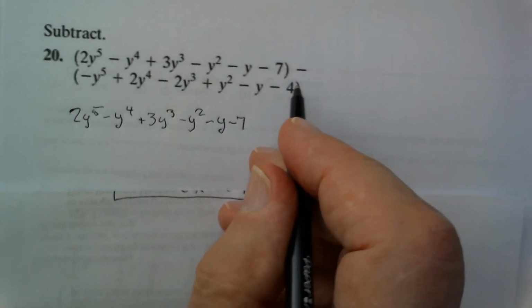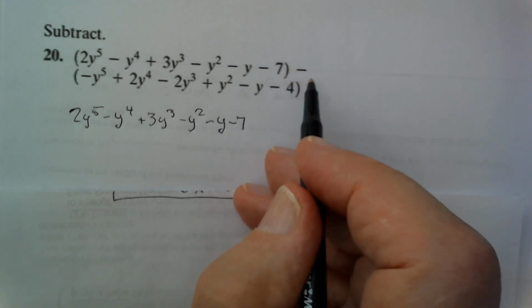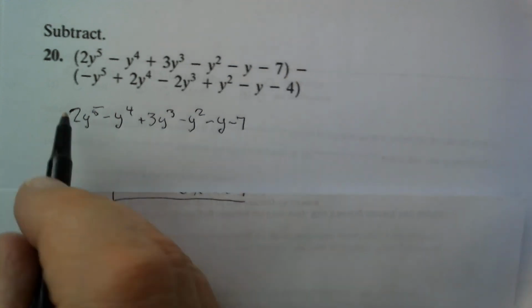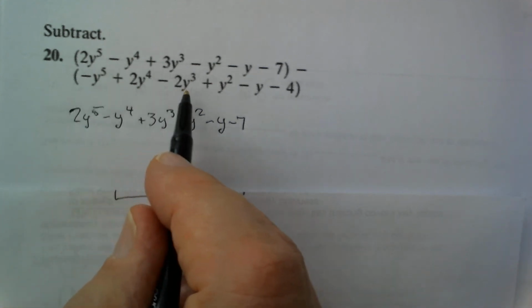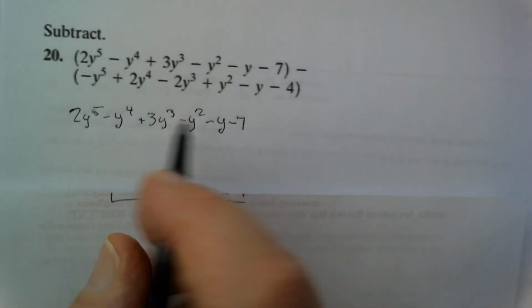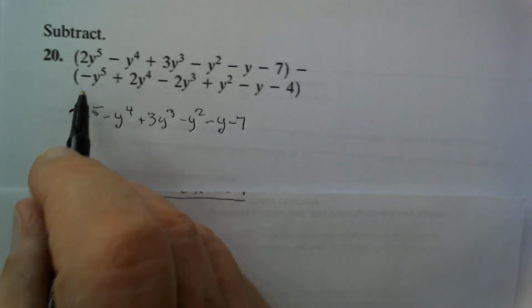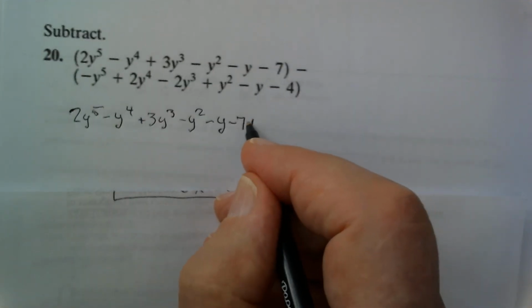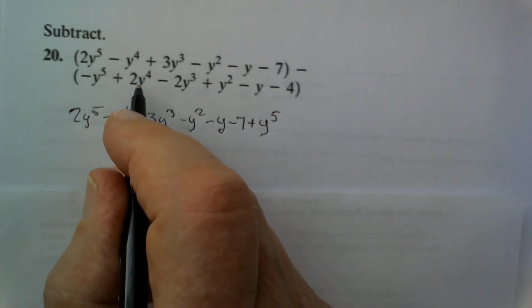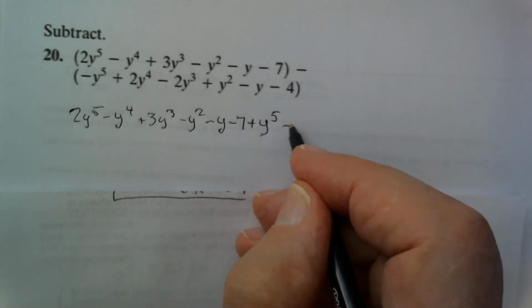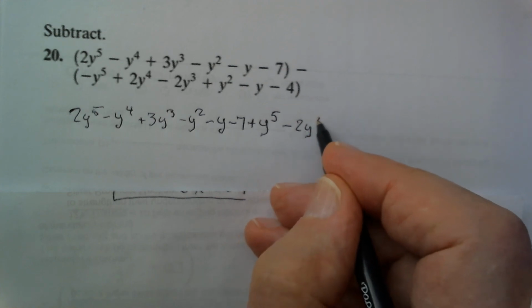Now when it comes to the second set of parentheses, remember it's preceded by a minus sign. So that means we need to change the sign of each one of the terms inside the parentheses. That means a minus y to the 5th becomes a positive y to the 5th. The plus 2y to the 4th becomes a minus 2y to the 4th.